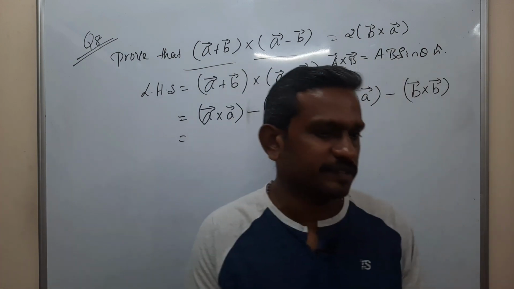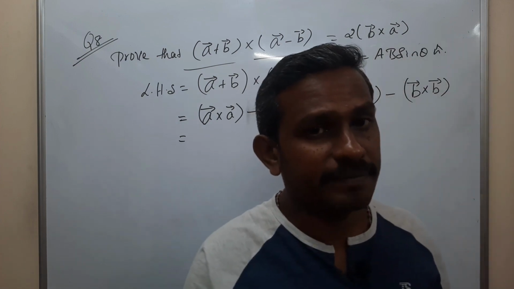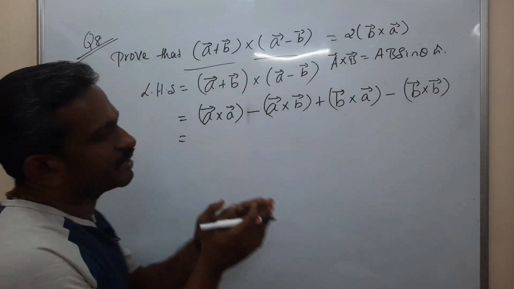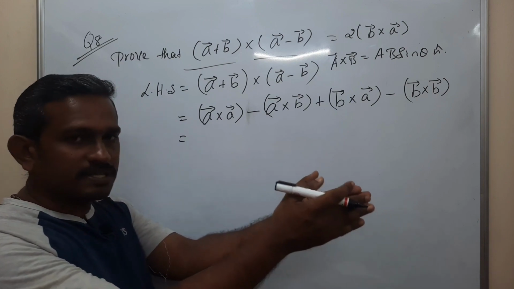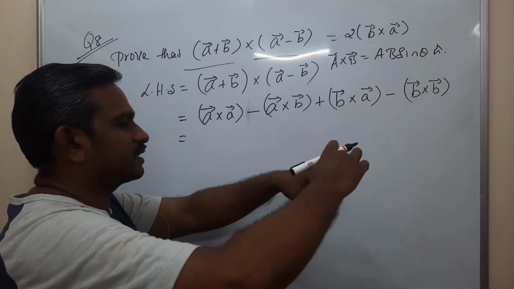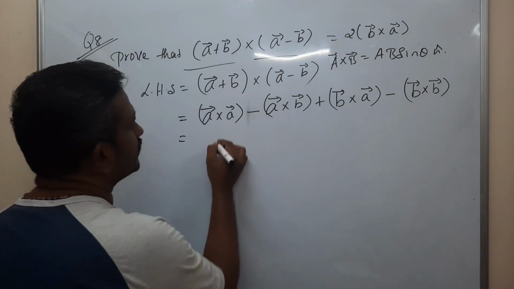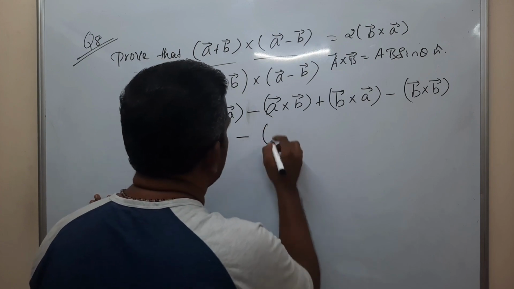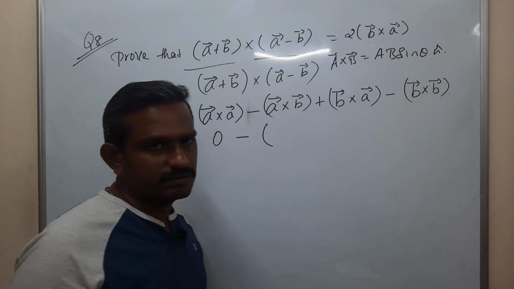Parallel or anti-parallel vectors mean theta is 0 or 180 degrees, so the cross product is 0. Here both are A vector, the same vectors, so the angle is 0 and A vector cross A vector is 0.